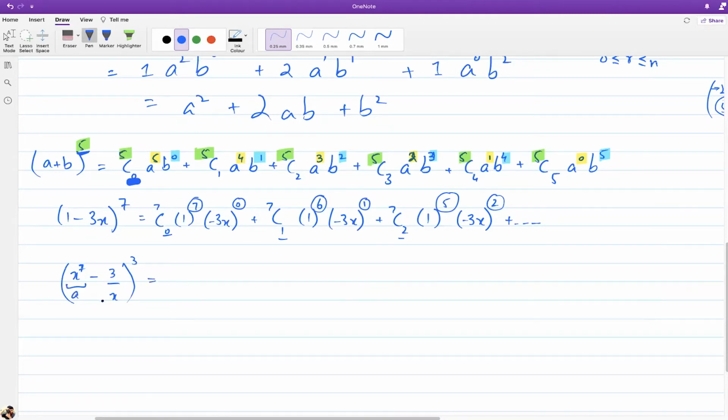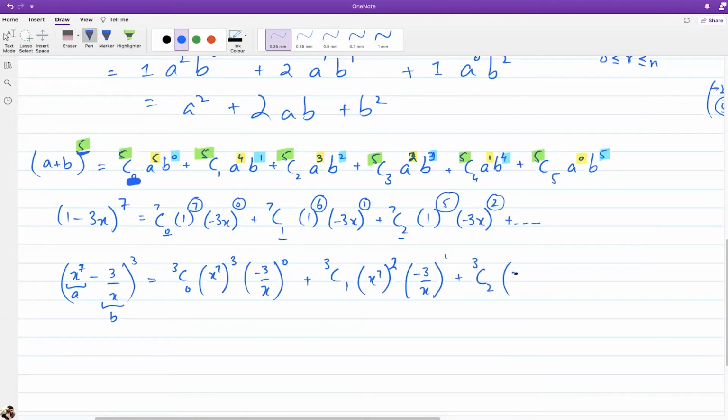We'll simply relate this as A and this as B. And then it's going to be 3c0, A to the power 3, B to the power 0, plus 3c1, A to the power 2, B to the power 1, plus 3c2, A to the power 1, B to the power 2, and then 3c3, A to the power 0, B to the power 3. And that's how you expand it. All right.